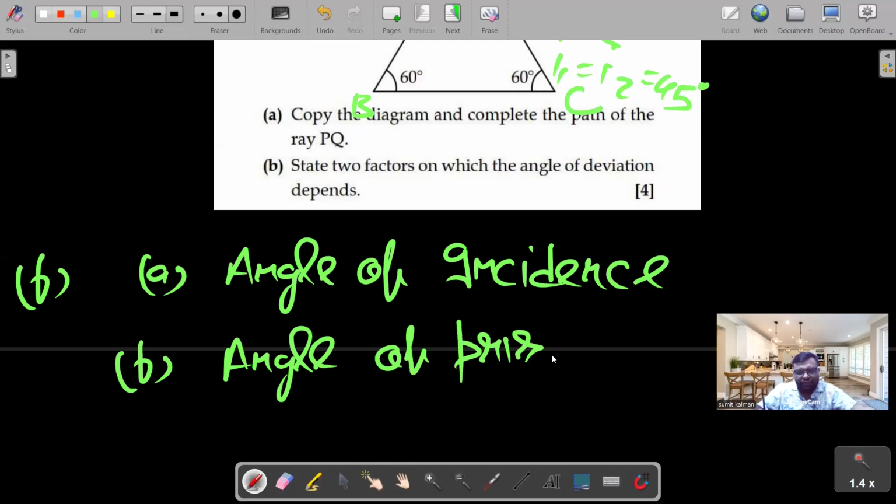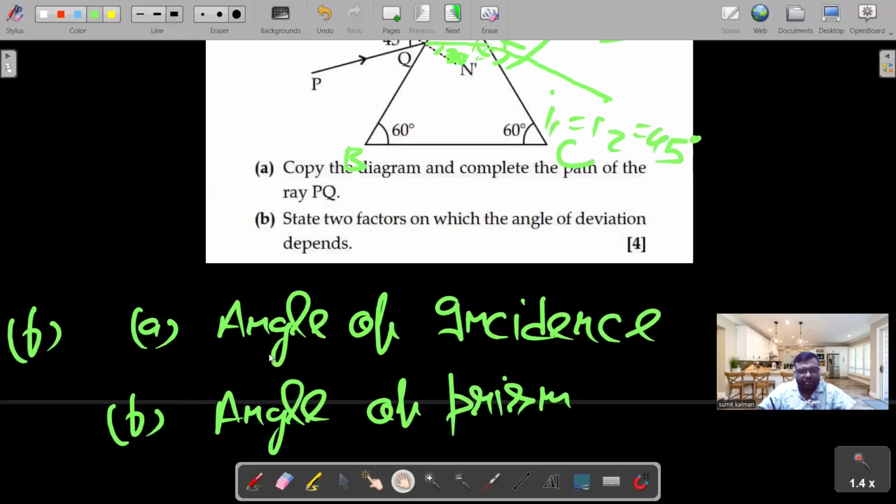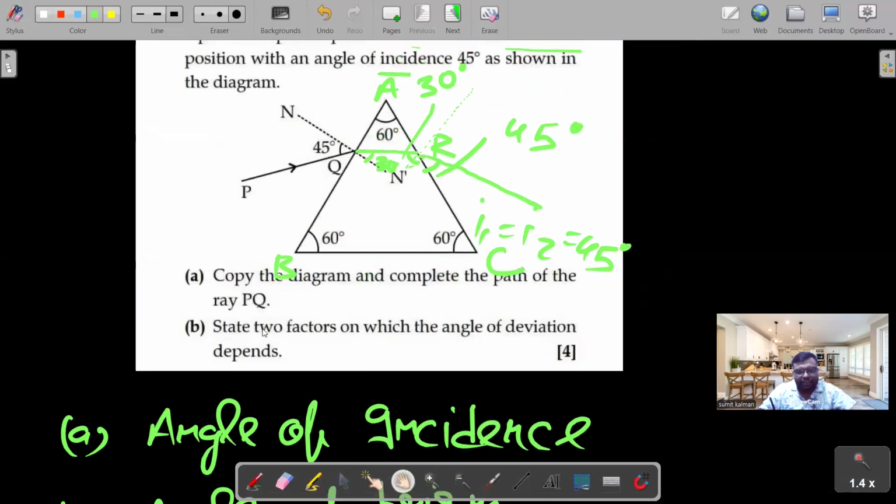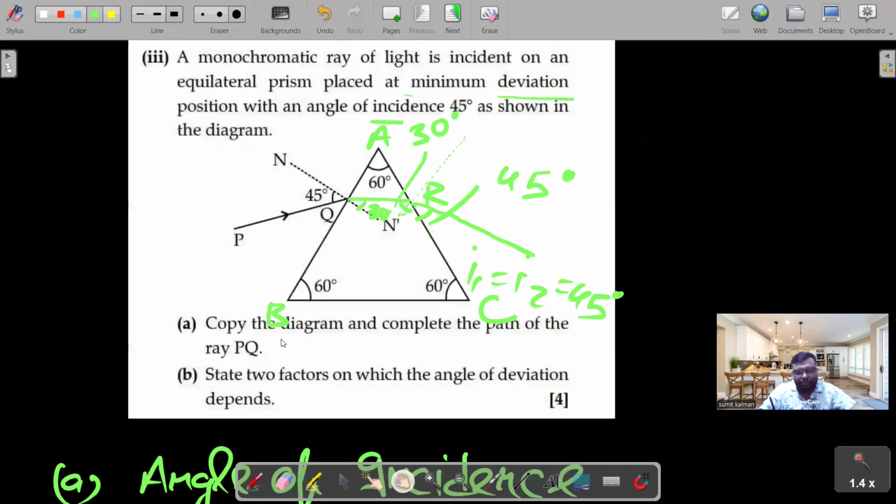There are other two factors which are given in the Selina book. So you can write those two factors also.